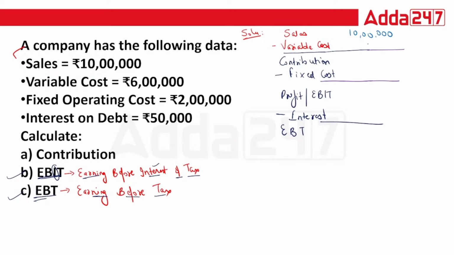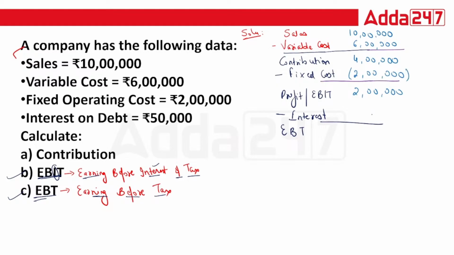From this you need to subtract the variable cost, that is 6 lakh. So contribution is equal to 4 lakhs. From this you need to subtract the fixed cost, that is 2 lakhs. So what is the profit or EBIT? 4 lakh minus 2 lakh is 2 lakhs.